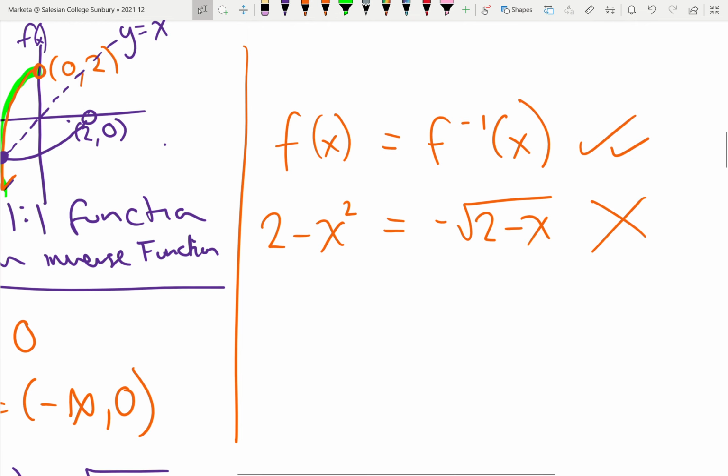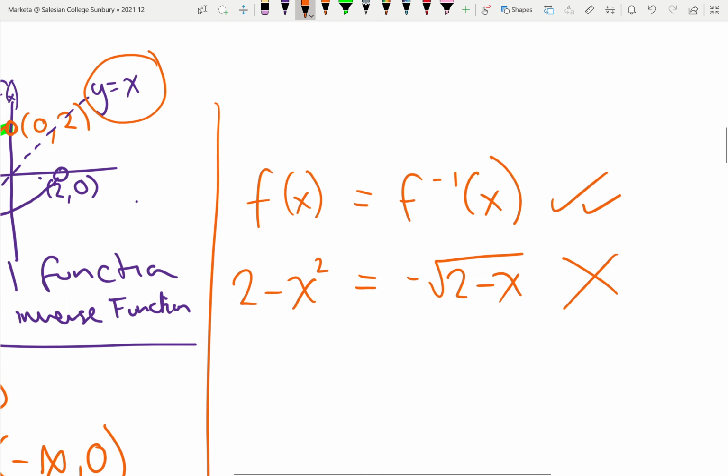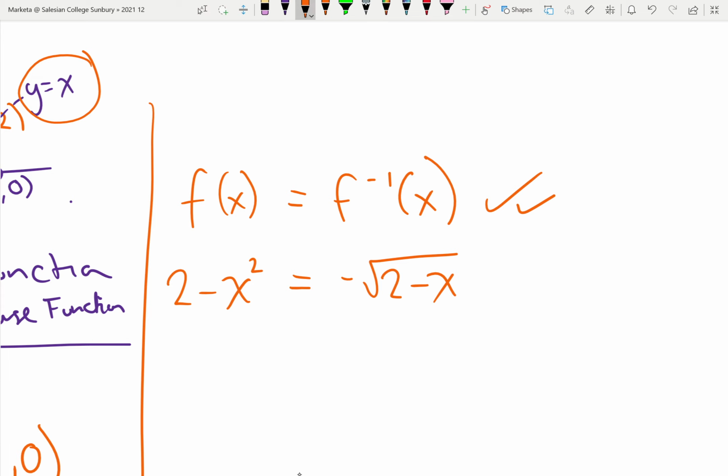What we need to understand and see is that they also intersect with the line y equals x. So that means that you can choose one of the equations and just equate it to x. So look, I'm going to choose the quadratic, 2 minus x squared, and that equals x.